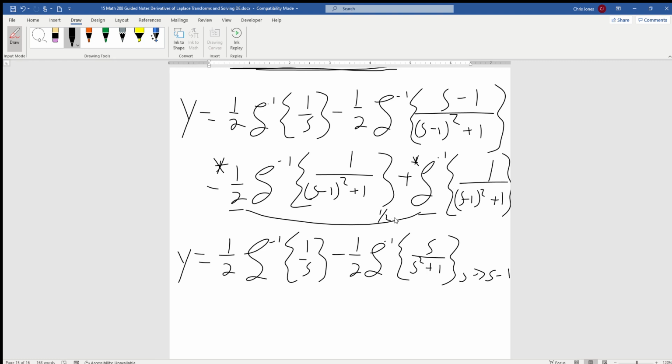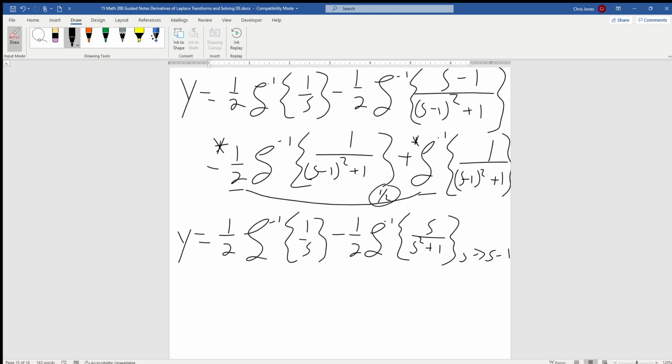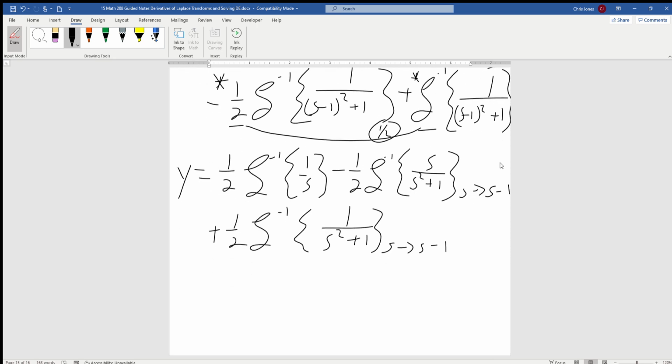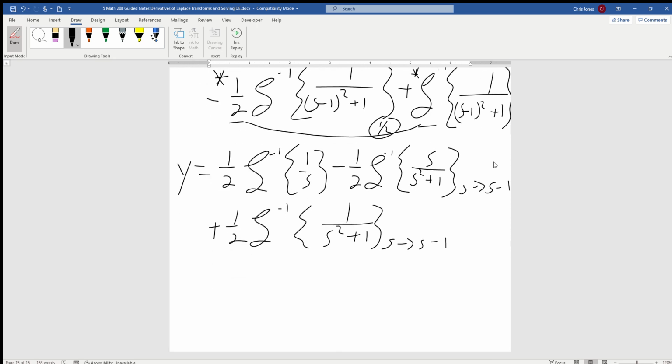And then remember we have a plus 1/2 from right here because we combined those, of 1 over s squared plus 1 as s approaches s minus 1. So we have our three terms, and finally we can go through and get an answer.